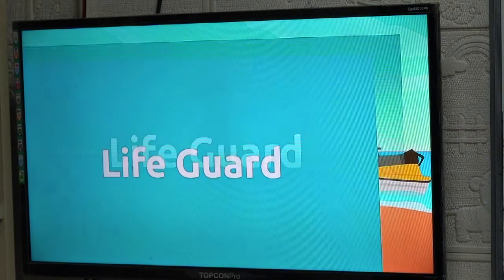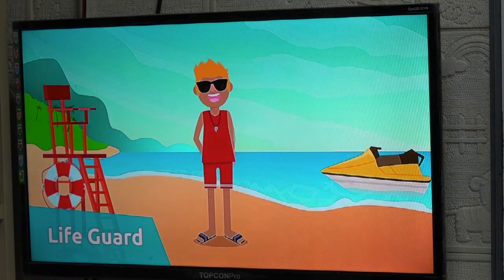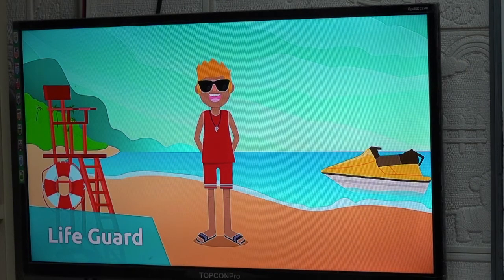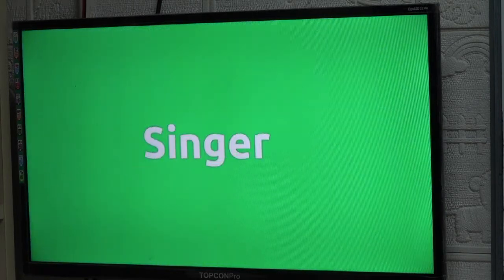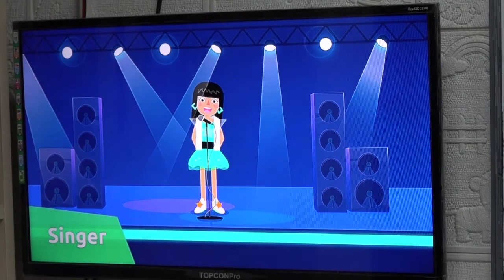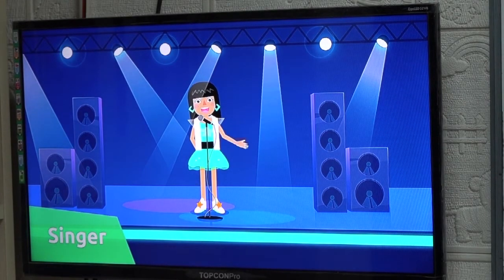Lifeguard. Lifeguard. Lifeguards are in charge of our safety in the pool or at the beach. They sit at an elevated position. They use a floating ring and a jet ski. Lifeguard. Lifeguard. Singer. Singer. Singers sing music using their voice. Singer. Singer.